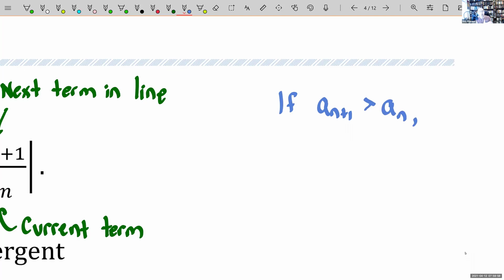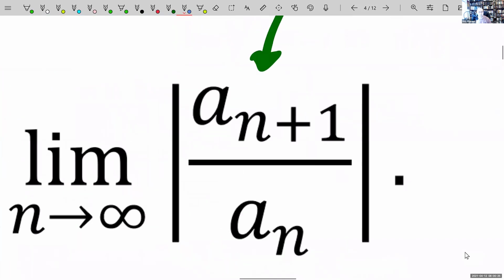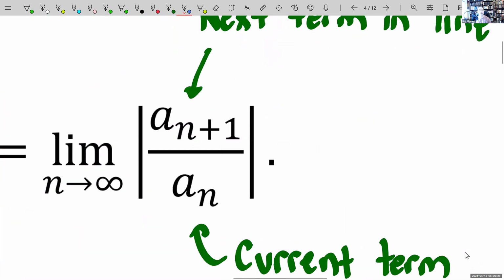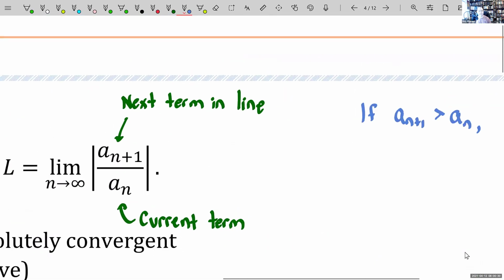If you keep adding terms of the series and each term is getting slightly bigger than the last one, what do you think the series is going to do? Yeah, the series is going to blow up. It's going to get bigger and bigger and bigger. It might go to infinity. It might just bounce between infinity and negative infinity because your terms might be alternating between positive and negative. But still, it gets bigger and bigger. You're absolutely right. It gets massive.